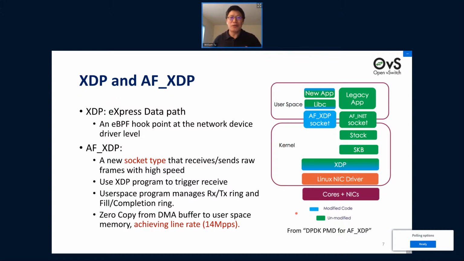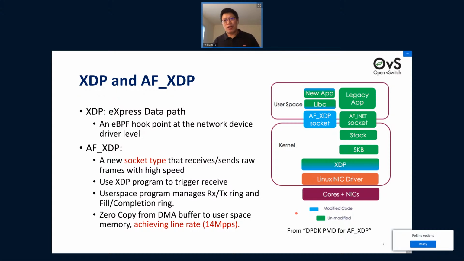XDP stands for Express Data Path. Basically, you have an eBPF program, and this program runs at the very beginning of the packet receive path at the driver level. AF_XDP is a new socket type, which allows you to send and receive packets at very high speed.